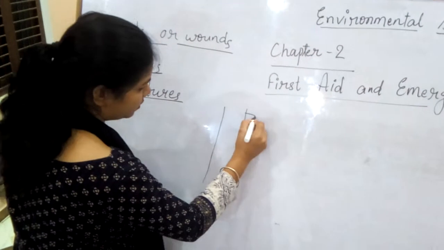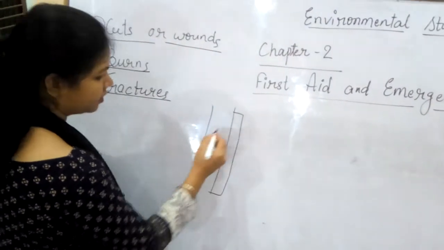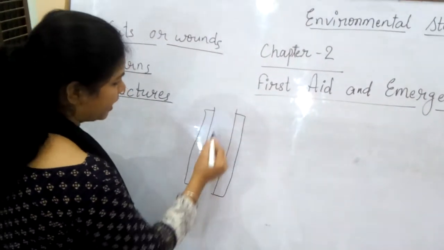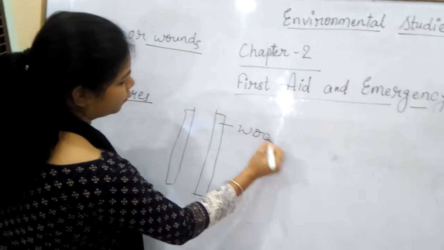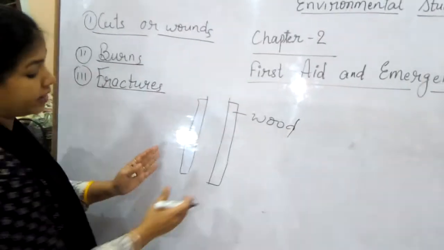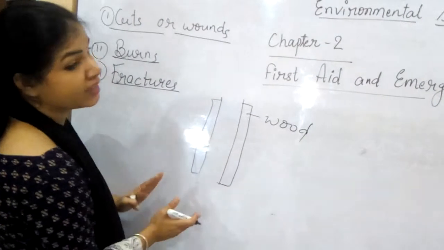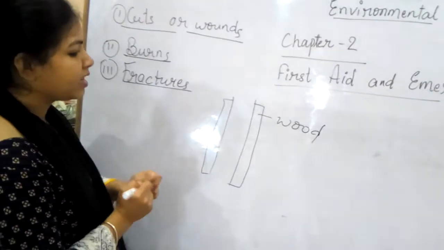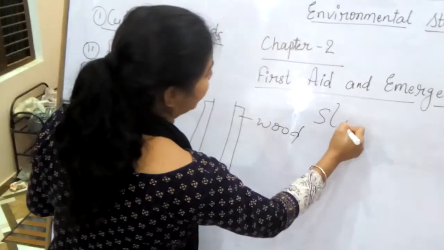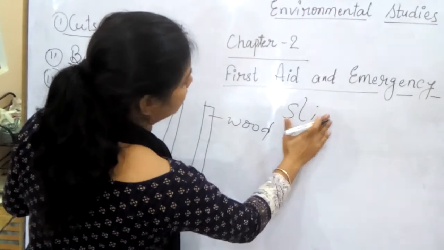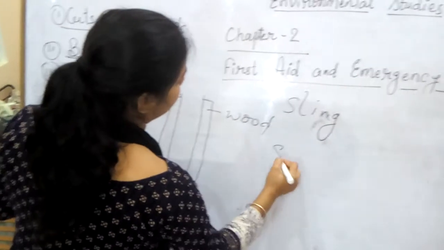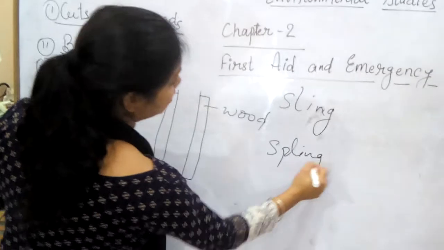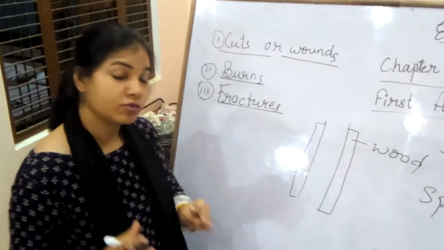Just next to or around the leg, apply any wooden part that is straight, so that it will not allow the fractured part to move. And after applying the sling or splint, take the patient immediately to the doctor.